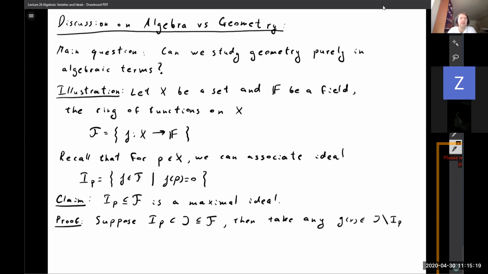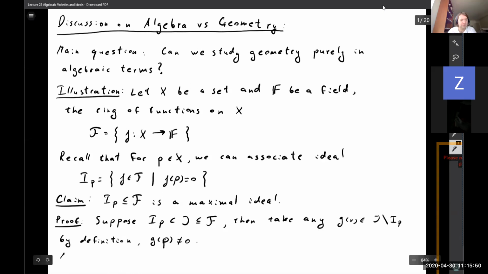So it's a function which is in J but not in I_P. By definition, the value of g at the point p is not zero. And now we claim that this g together with I_P must generate the entire ring F.